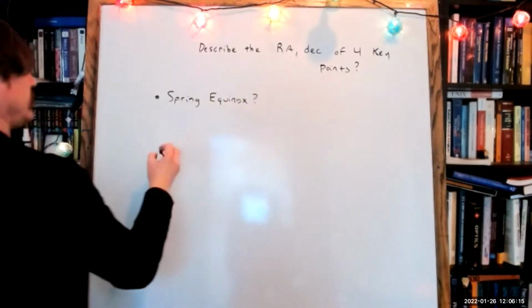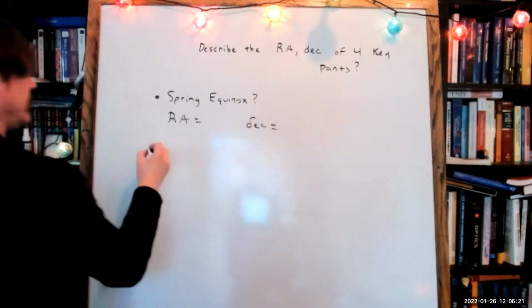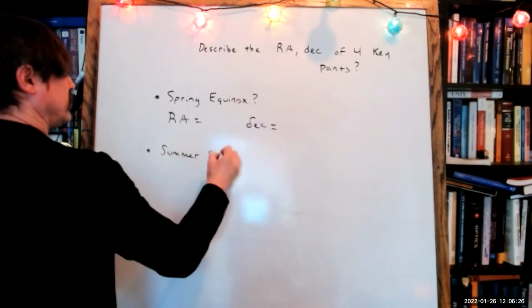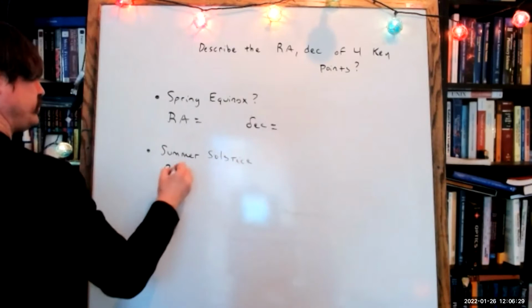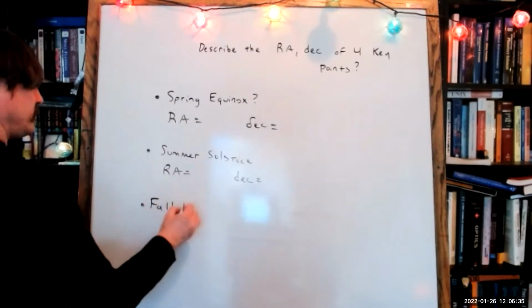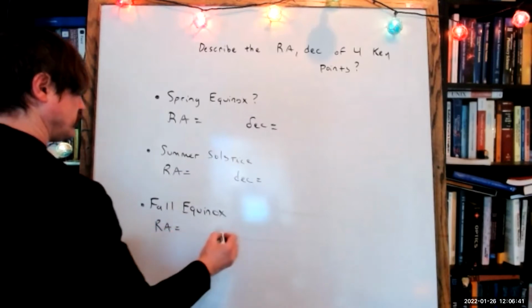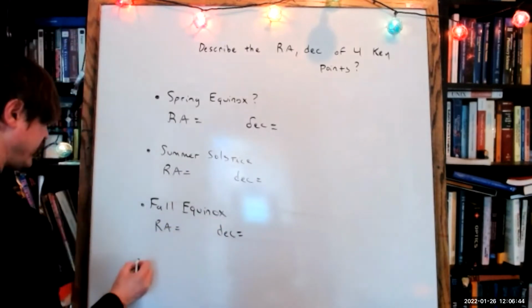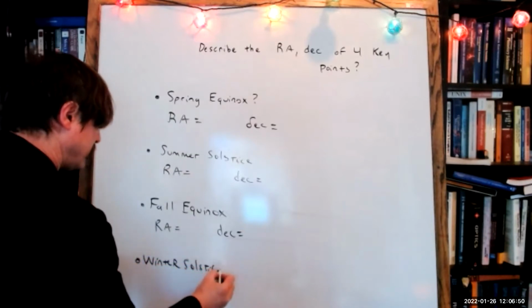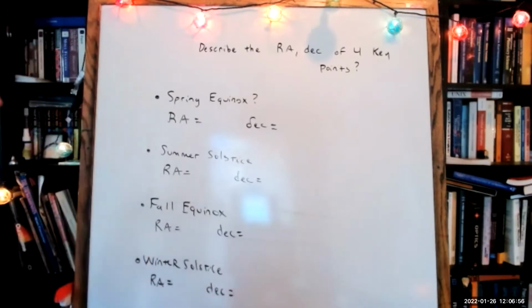Spring equinox will have a RA and a dec. The summer solstice, RA, dec. The fall equinox, RA and dec, and the winter solstice, RA, dec.